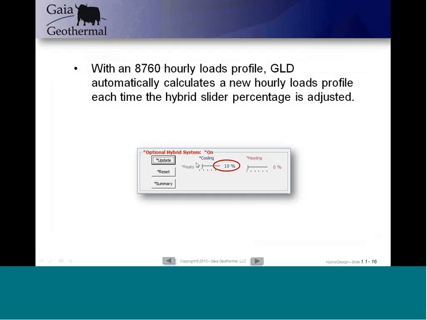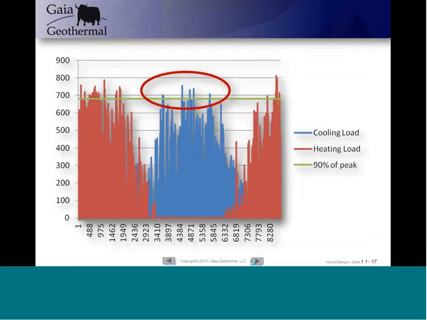So for example, if we adjust the cooling slider to 10%, we're going to do a detailed peak slicing of 10% of the total load, and we hit the update button. What happens is, within the program, we're looking at our hourly loads profile. You see this green line here. This is basically 90% of the peak cooling load. So everything above this green line, the program is automatically cutting and assigning to the hybrid mechanical system.